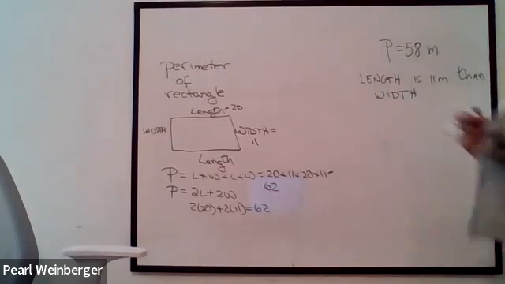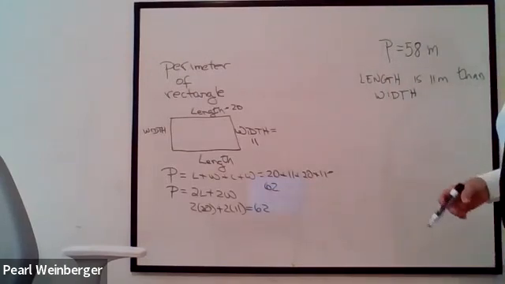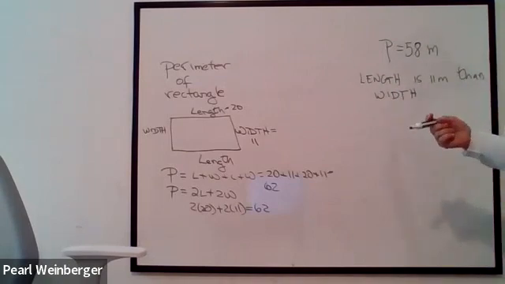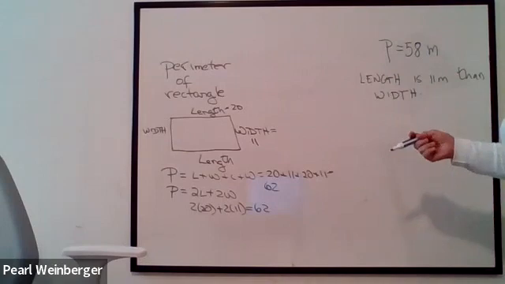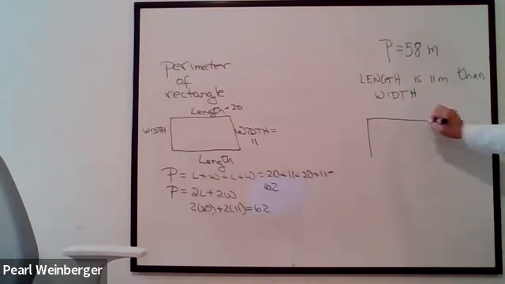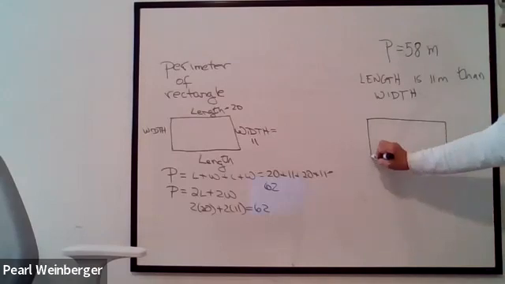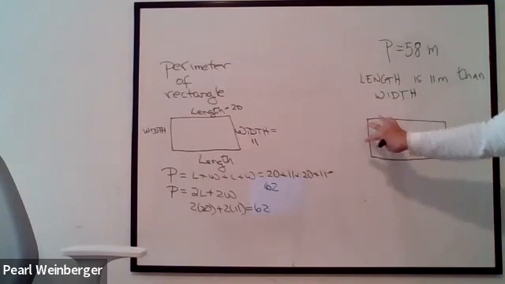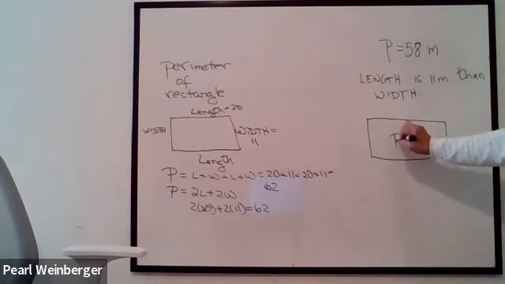Now, the dimensions is a generic term for length and width. So when they're asking for the dimensions, they're asking what is the length and what is the width. So here's our situation. We have this rectangular swimming pool. We know its perimeter is 58.